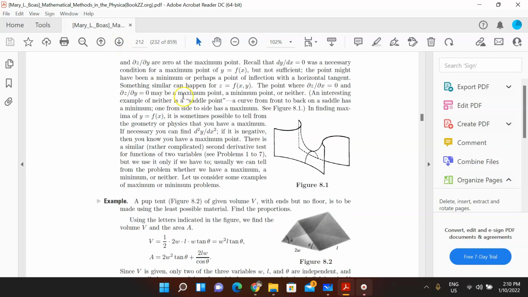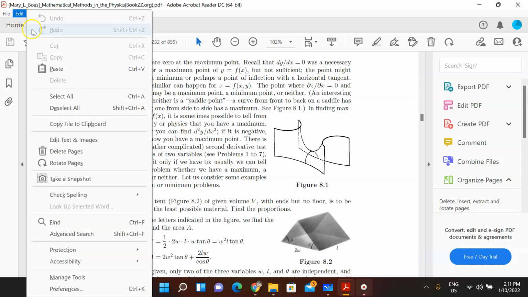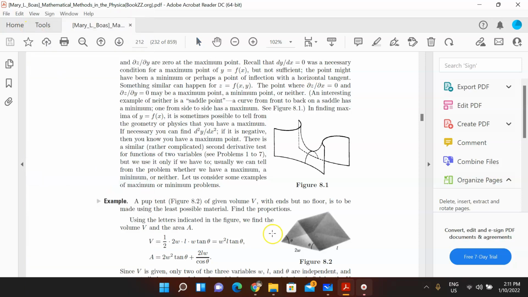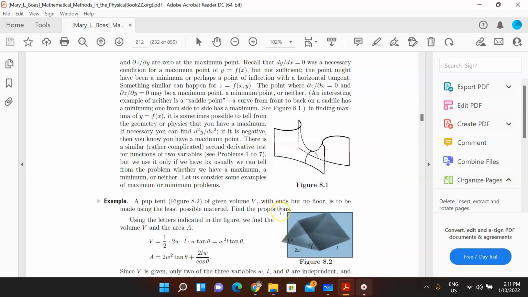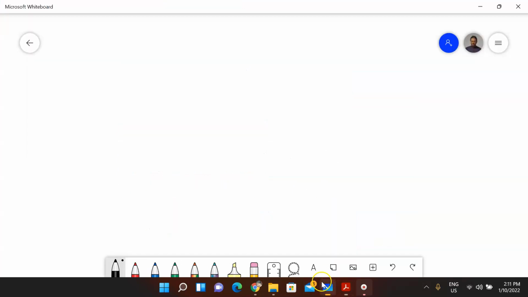We have introduced this particular example, so let me just cut and paste that particular picture. Right, let me just start over a little bit to refresh your memory.